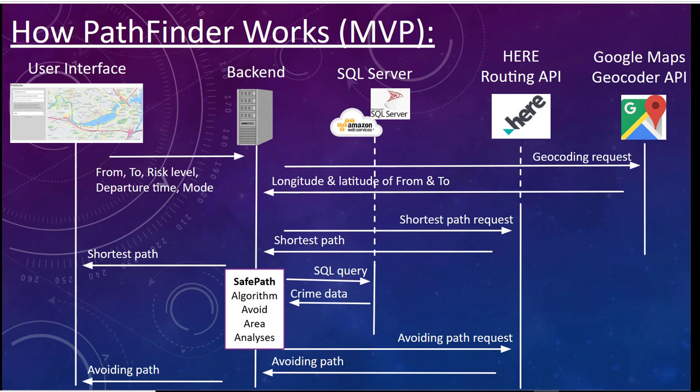The latitude and longitude of the addresses are then used to determine the shortest path using the Here Maps routing API. Then the system executes the safe path algorithm to avoid the potential unsafe area. Based on the risk tolerance level selected by users, crime data is extracted from the database using an SQL query. This information is then used in the algorithm to find the alternate path, which is then displayed on the UI.